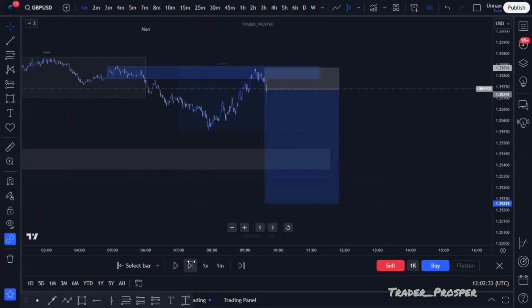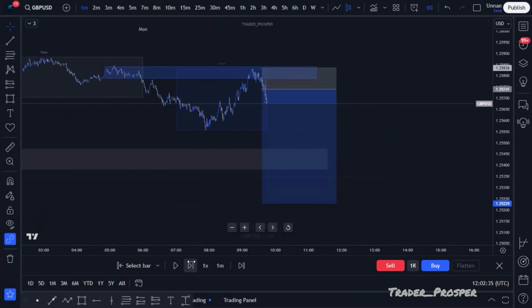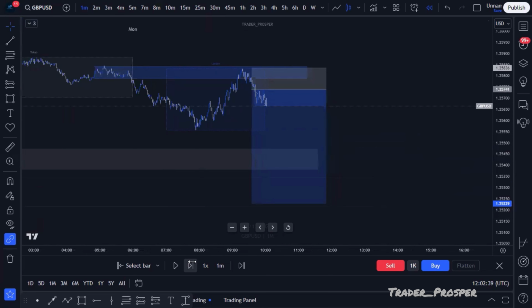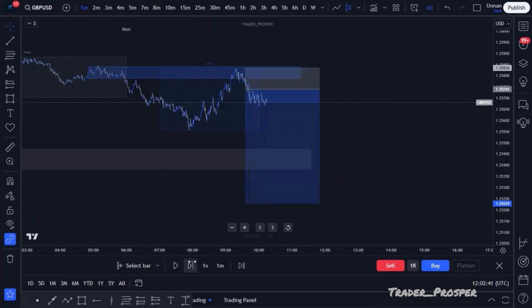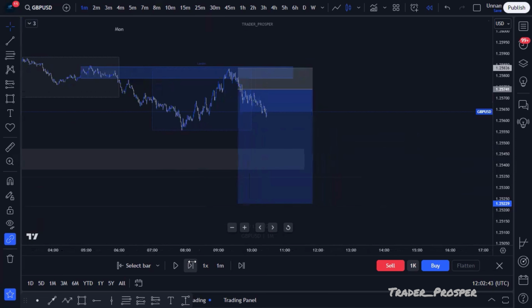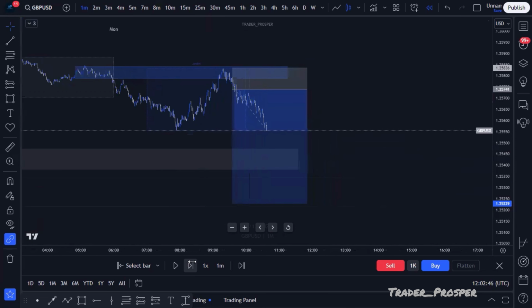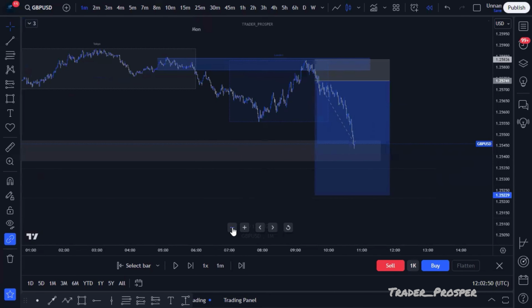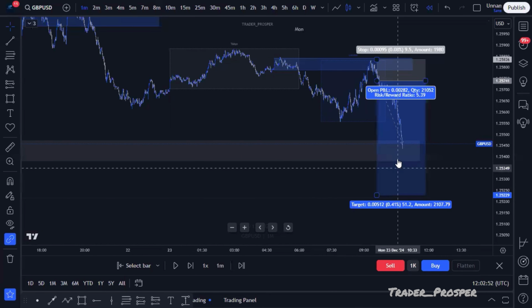Now on the 1 minute time frame, this is what happens here. Price is reacting nicely on this zone. Okay, now you can see price already did react from this point.